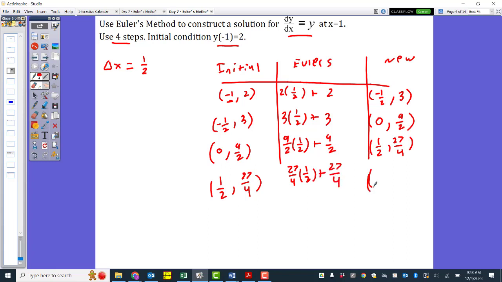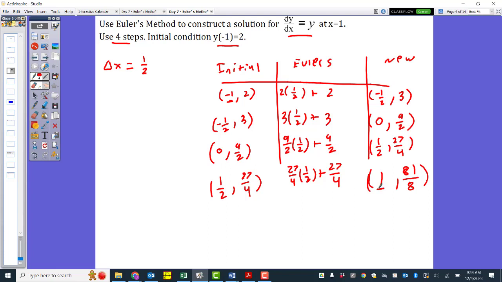And we have our new y of, oh gosh, that's going to be 54 plus 27, which is 81/8, and then our new x is 1.